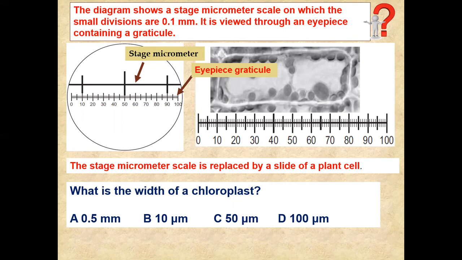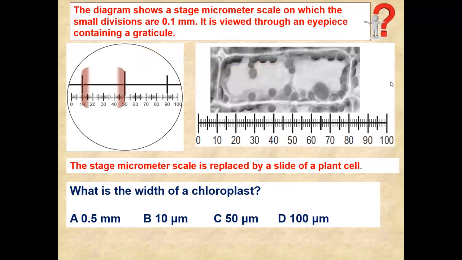In the question, the statement has been given. The diagram shows the stage micrometer scale on which the small units are 0.1 millimeter. It is viewed through the eyepiece containing a reticule. So one small unit of the stage micrometer is 0.1 millimeter. First we shall measure how many units are coming under one stage micrometer unit.